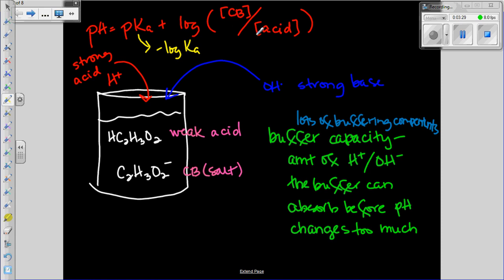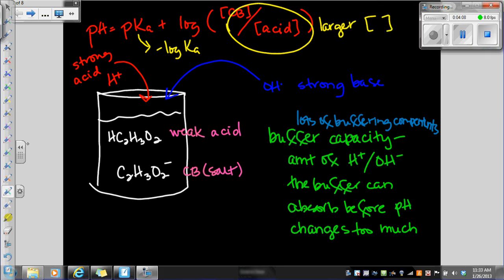It's also going to depend on the concentrations of the conjugate base and the acid. If we're talking about a basic buffer, then it's going to be the conjugate acid and the concentration of the base. The larger these two concentrations are, the more strong acid or strong base the buffer is going to be able to consume and still maintain that pH.